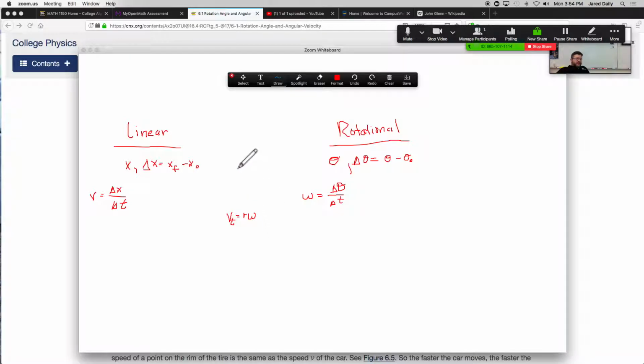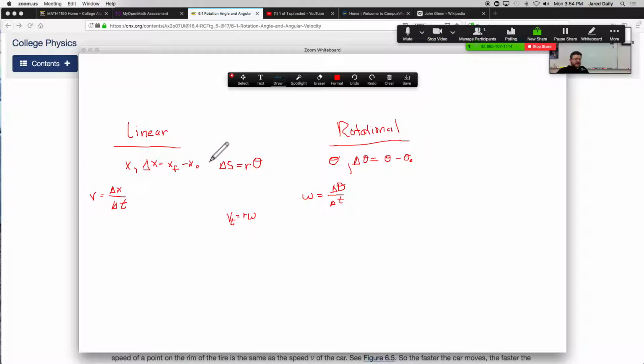And in the next section, I believe they talk a little bit about this as well, where there's a relationship between the linear and the rotational in distance as well. If you go a certain angle along the circle, theta, and you multiply that by r, then you get the path length, which they call delta s, the arc length along the circle.